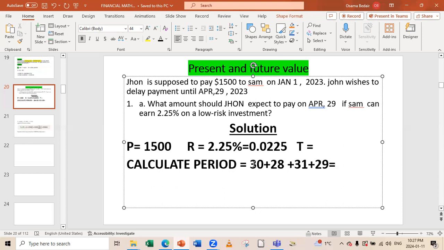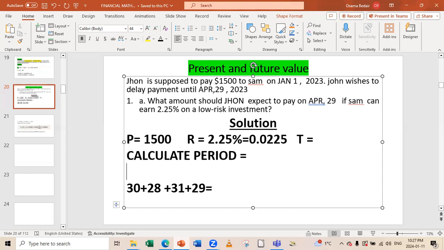Now, how do we add these days? I will do them in front of you so that it will be clear. In January, 30 days are left. This is Jan, 30 days. Plus in February, 28 days.